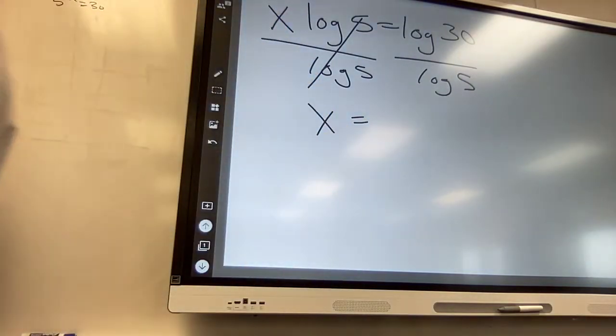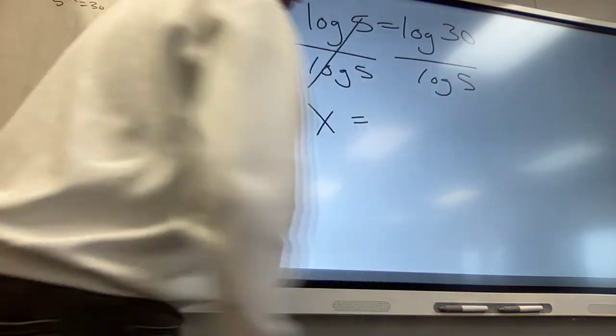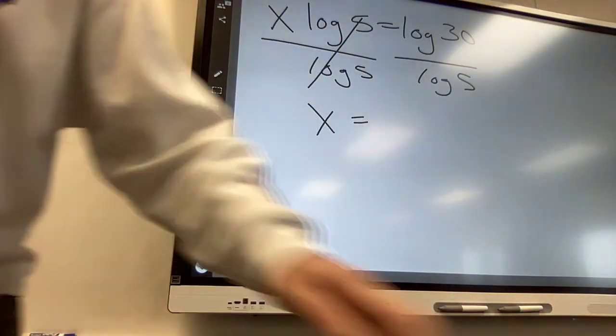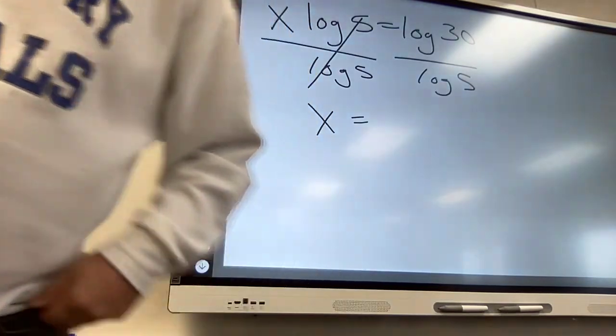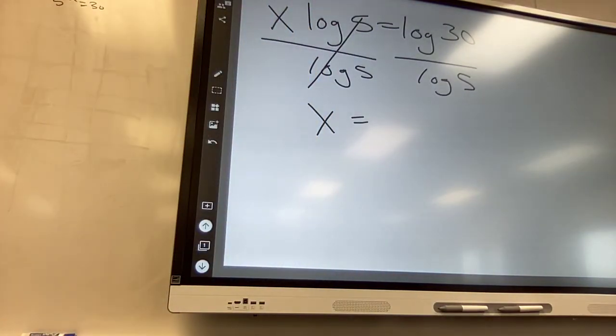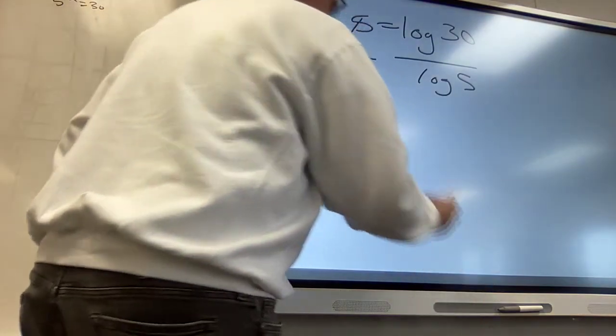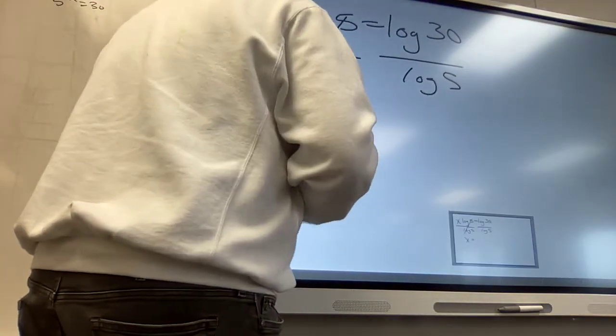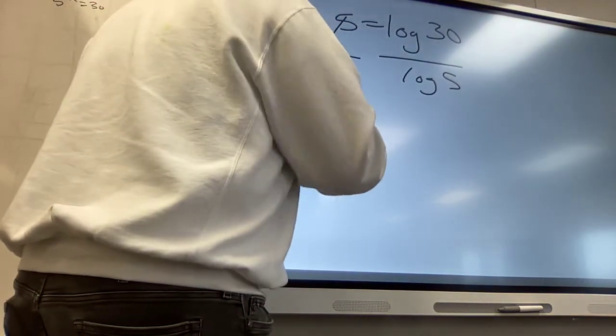I don't have a calculator here, so would you all please go log 30, close the parentheses, divided by log 5. And I'd like it to 3 decimal places, so I wish I had written approximately equals.